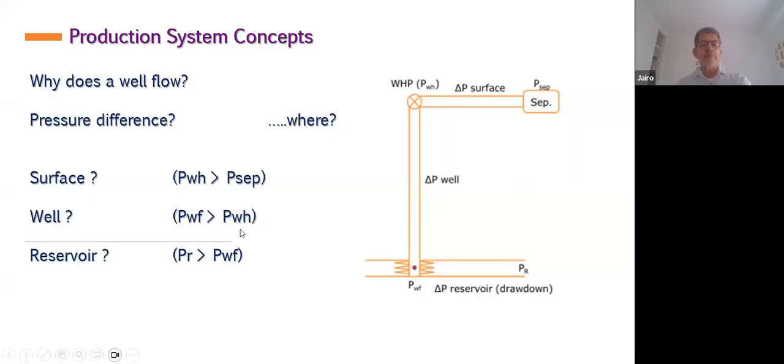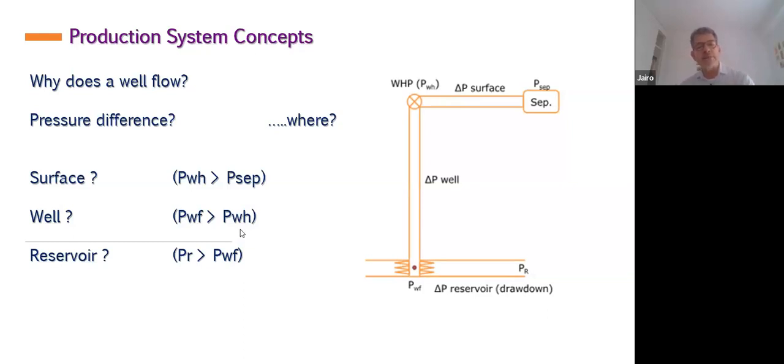A simple concept, but just to ask: why does a well flow? Pressure difference, of course, but the question is where. On the surface, of course, the wellhead pressure should be higher than the separator. We have to bear in mind that this pair of pressures are linked together.